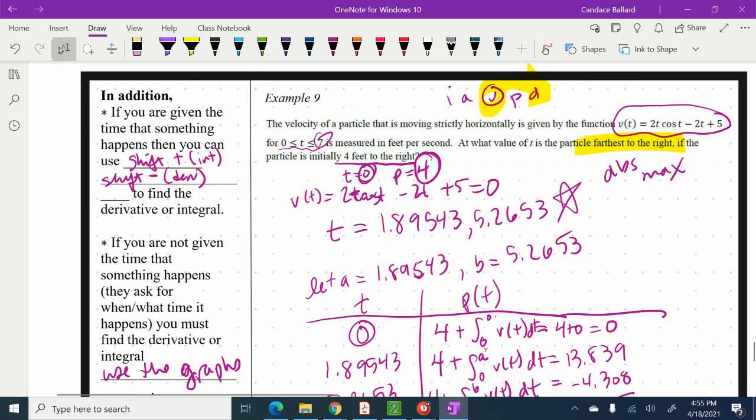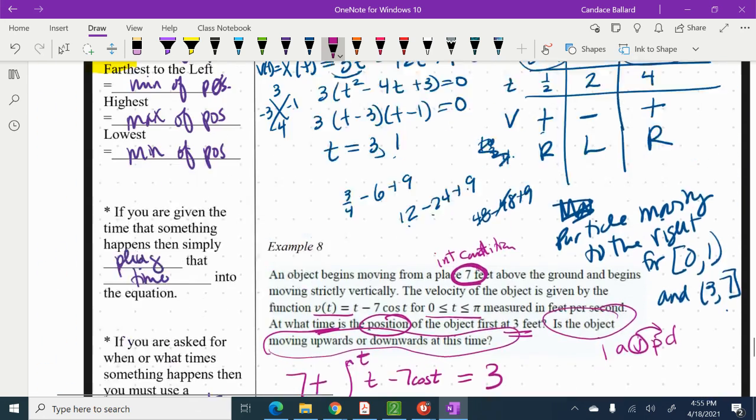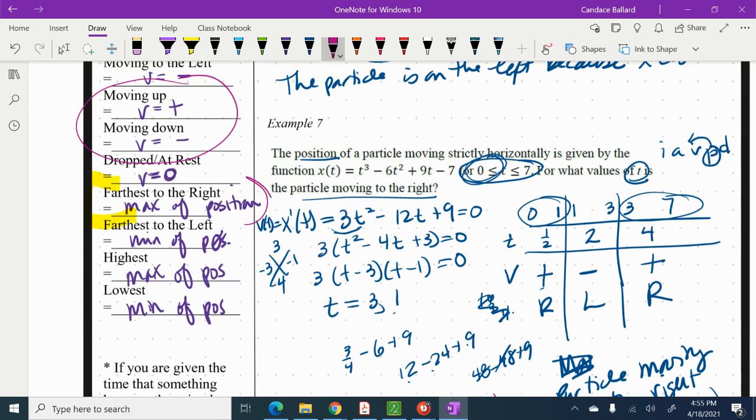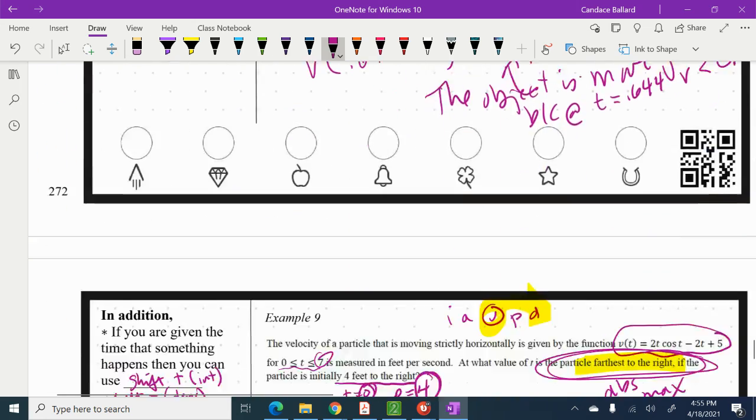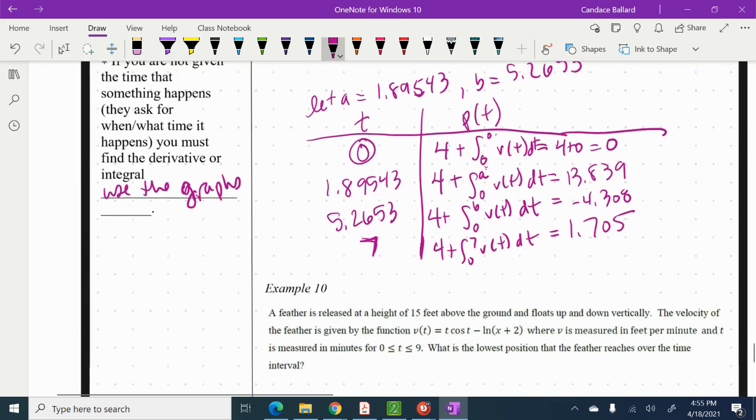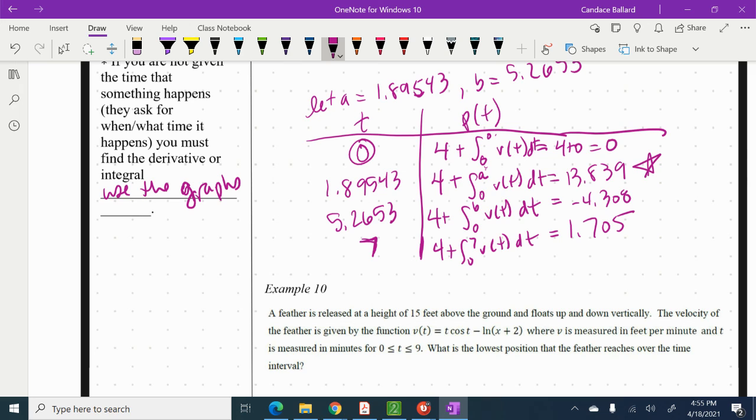Okay, so it says what value is the particle furthest to the right? So furthest to the right, I'm going to go and look that up again, is when we have the maximum value of the position. So we know that the maximum value of the position would have happened when the y value is the biggest. So it looks like it happens at t equals 1.89.